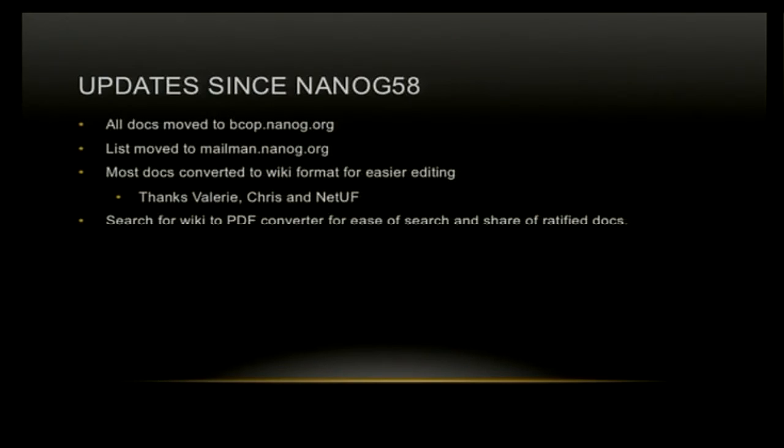People feel this is very important and are actively writing documents, but nothing has been finished since the last NANOG. I know there's been some significant progress on a few very big documents, which is highlighted in a slide coming up, but nothing's actually up for community vetting or to be ratified at the moment.